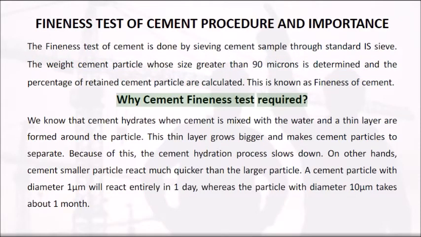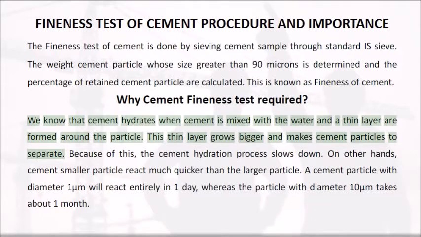Why is the cement fineness test required? We know that cement hydrates when mixed with water and a thin layer is formed around the particle. This thin layer grows bigger and makes cement particles separate.